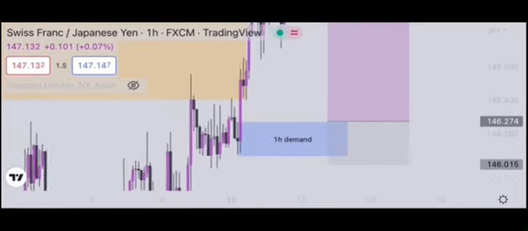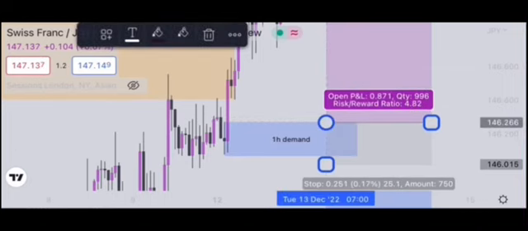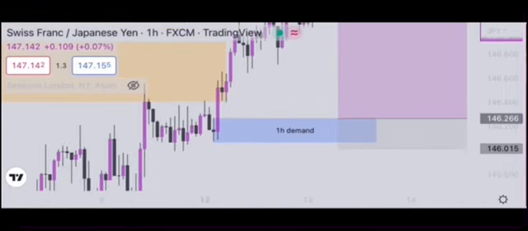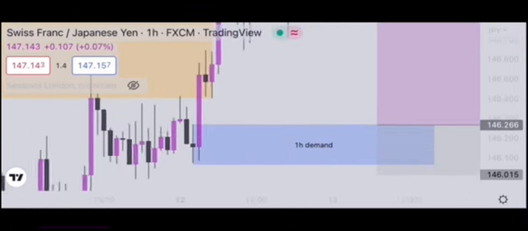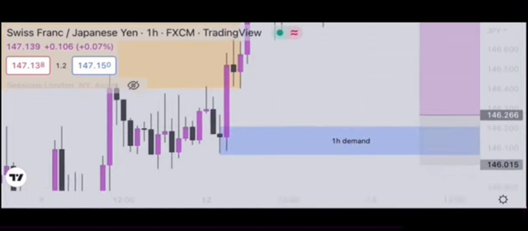I can use the unmitigated supply zone as a take profit target, or the market can actually test the supply, come down, test the demand, and then invalidate the supply zone. Either way, it's just based on logic, on the market moving from one supply zone to another.